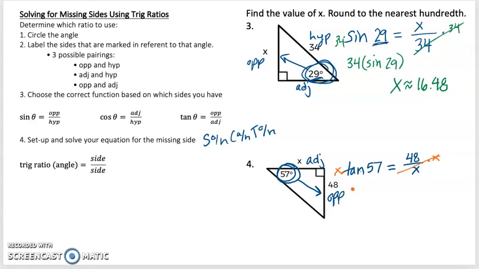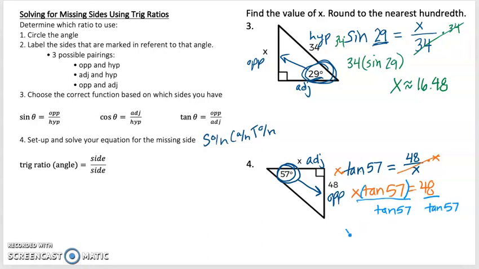So that cancels. Then I've got x times tangent 57 is equal to 48. And then the last thing I need to do to get x by itself is to divide by tangent 57. Keep in mind this tangent 57 is just some number, so we're going to divide by that whole thing.